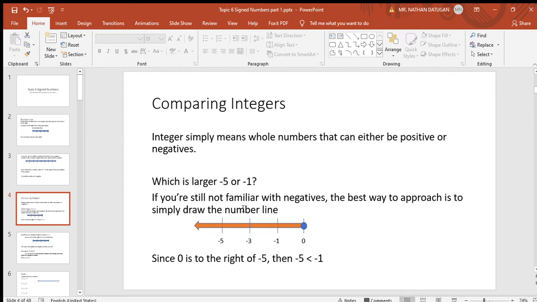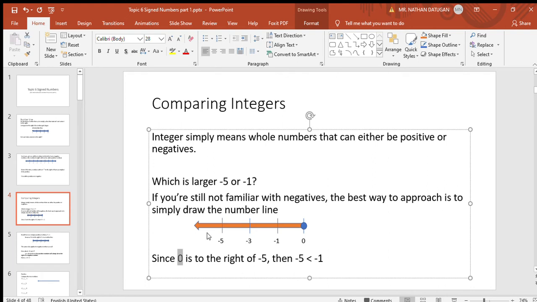Now we're just going to compare which one's larger. Here it already shows that -1 is to the right of -5. Then -5 is less than -1.